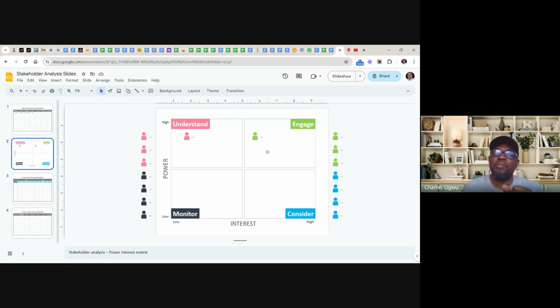With these people, you need to be very, very transparent. Nothing should come to them as a surprise. You are the project manager and they say you are the leader of that project, but that should not enter your head and make you forget that this project belongs to them.